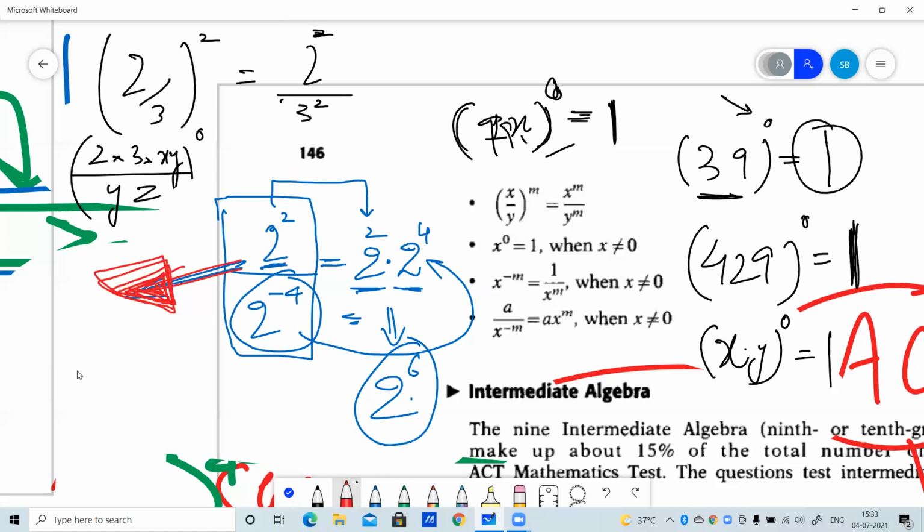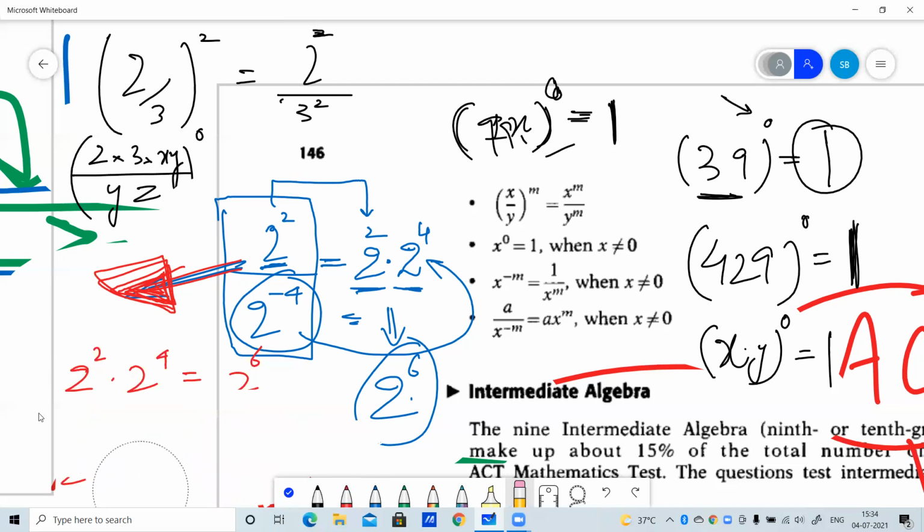When you're having same bases in multiplication, you will add the powers. 2 to the 2 times 2 to the 4 will become 2 to the 6. When you're having same bases in division, you will subtract the powers. So you'll keep 2 as it is and then subtract the powers. 2 minus 4.